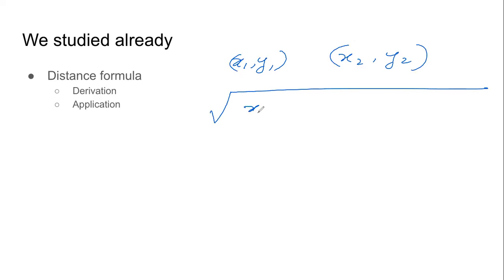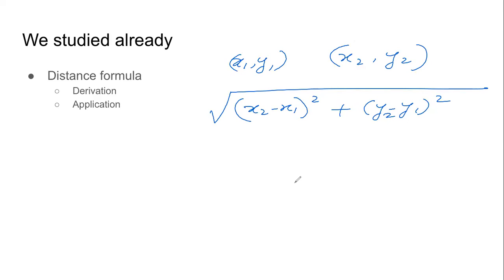If the 2 points are (x1, y1) and (x2, y2), then we derived that the distance between them will be given by this formula, the square root of (x2 minus x1) square plus (y2 minus y1) square. We also realized that we can write the y terms first and then the x terms.